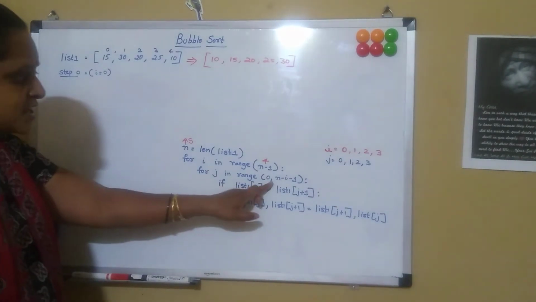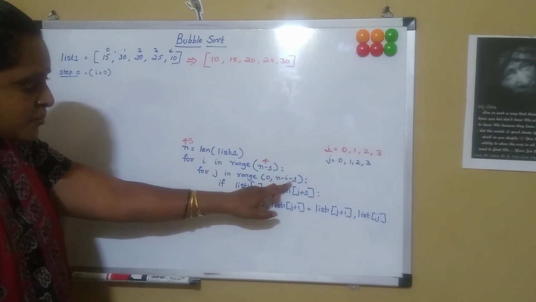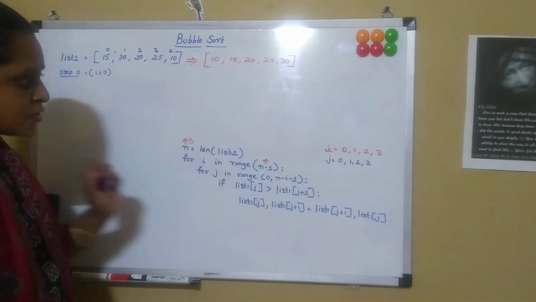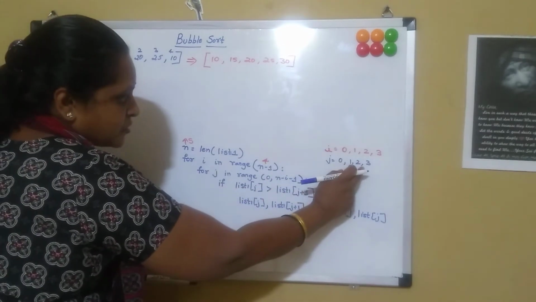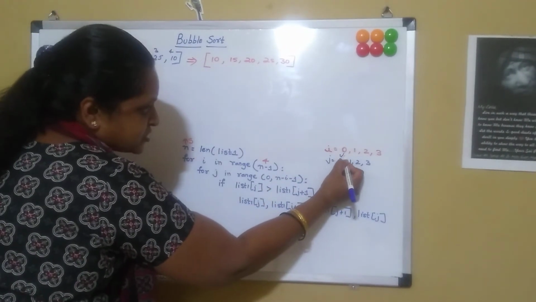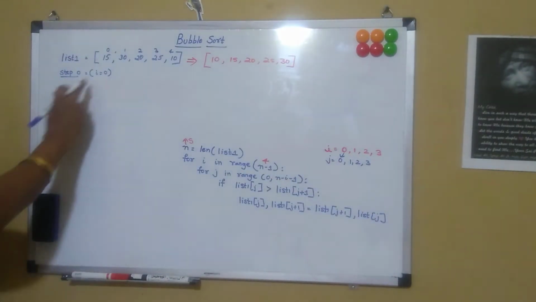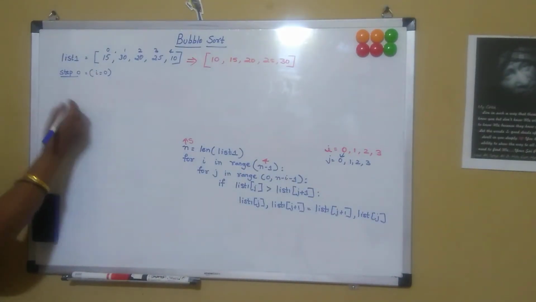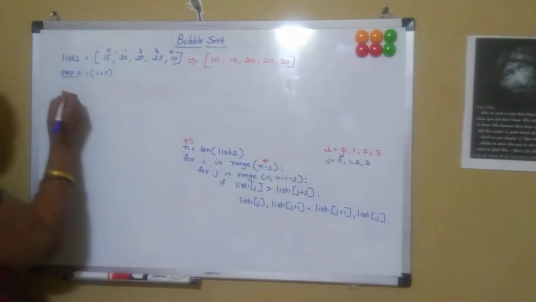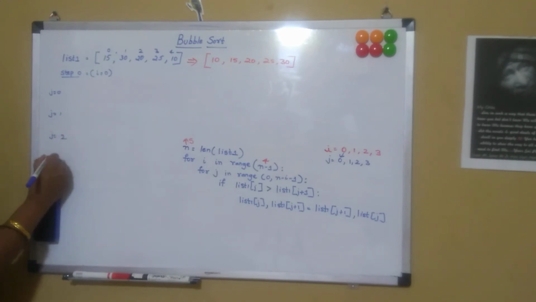So when i equals 0, j ranges from 0, 1, 2, 3. Here i is equal to 0, and j also ranges from j equal to 0, j equal to 1, j equal to 2 and j equal to 3.